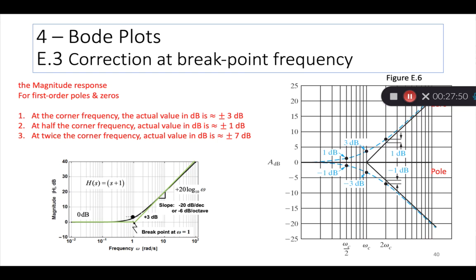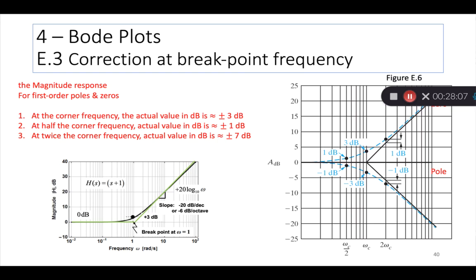These are not very difficult if you have the extra time and you're looking for a very high degree of accuracy, particularly around the corner frequencies or the break points. Then you follow these rules. Okay, so what are these rules?